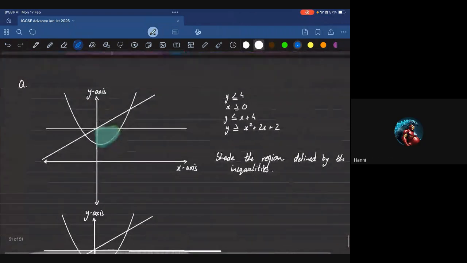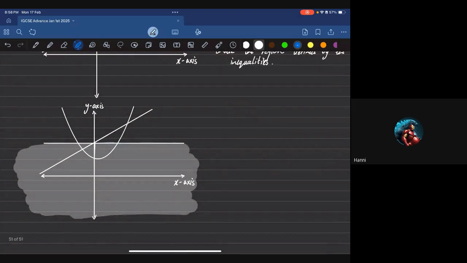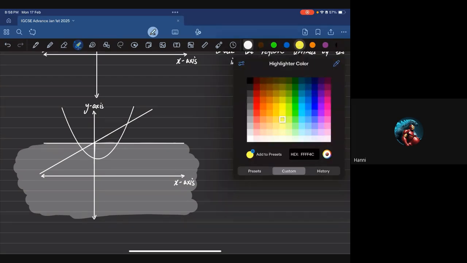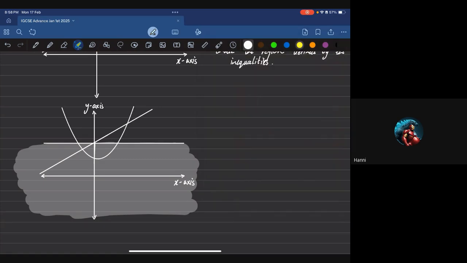Sir, I think the second graph is correct. Wow. What is your favorite color, Honey? Let me think. Yellow. Oh, yellow. Yes, yellow. Wow. Why did I guess that? That is so creepy. I literally took a wild guess.